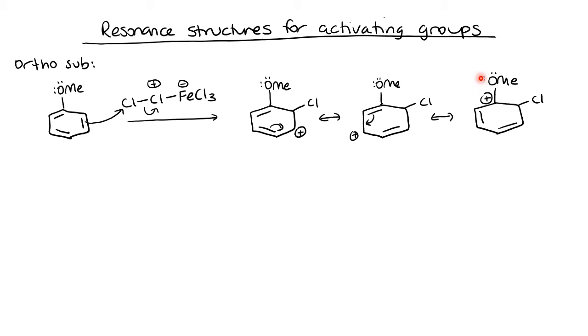The oxygen from our methoxy group can actually donate its electrons down to form a fourth resonance structure. So it's going to share some of that positive charge amongst a fourth atom. So this fourth resonance structure is a stable contributor to the arenium ion hybrid.